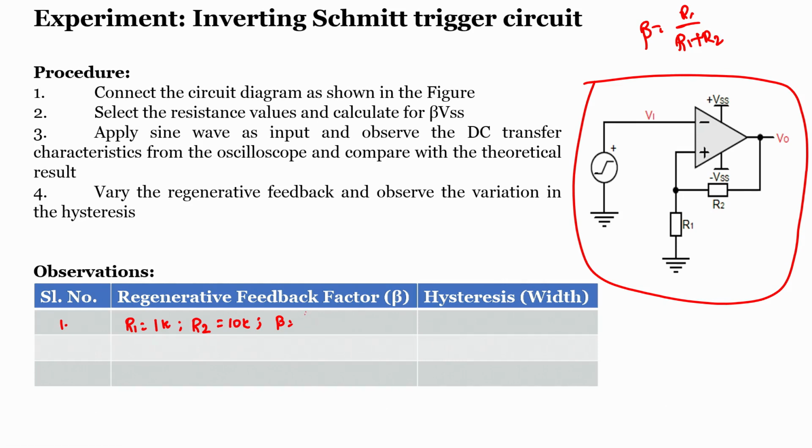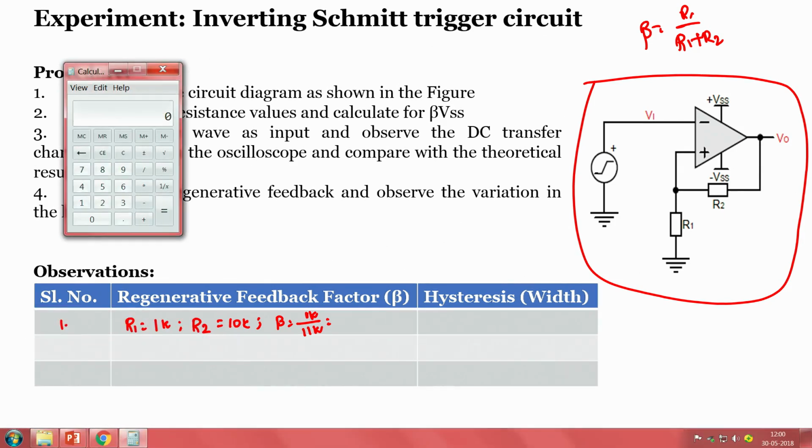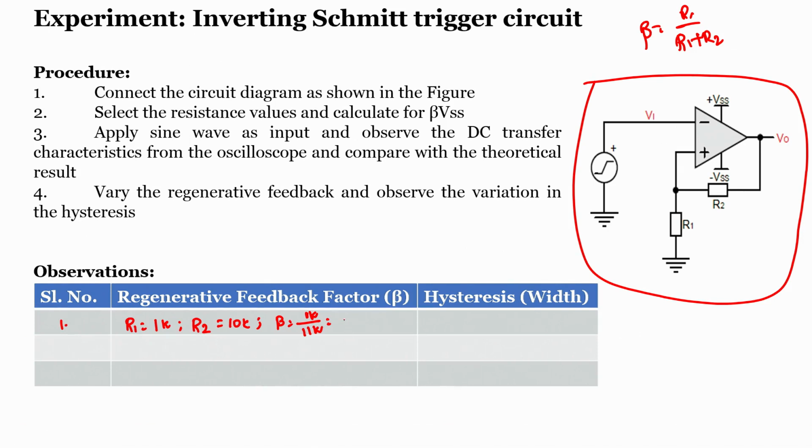So, it is nothing but 1k divided by 11k. Now, what is the value of 1k divided by 11k? We will see the value. The k cancels, so the beta is nothing but 0.09. That is our beta value.